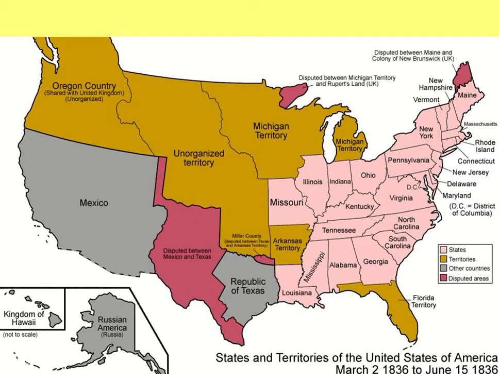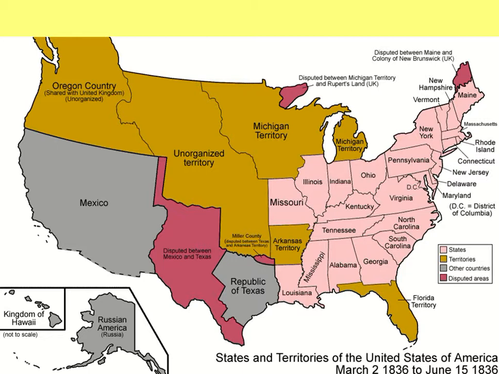It's a renegade province that should be brought back into the fold of Mexico. From the Americans' point of view, there's a question: should we add them to our country, with Democrats saying yes and Whigs saying no. And this was a big issue in the election of 1844 between Polk and Henry Clay.